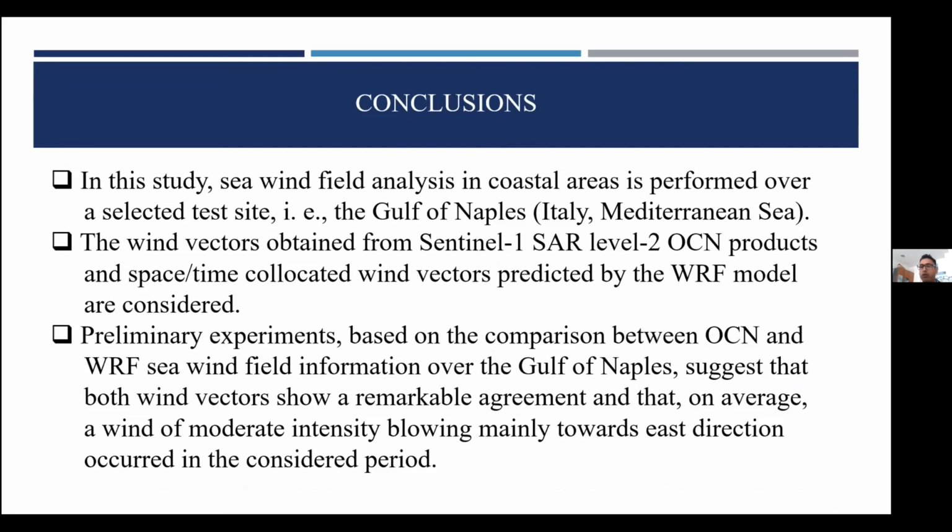The resolution of the weather forecasting model is the same as that from the SAR, 1 by 1 square kilometer. The primary result, based on the comparison of SAR observation and the forecasting model, gives a very remarkable agreement between the two. On average, we observed that moderate wind intensity and eastward wind direction prevail throughout the examined period.